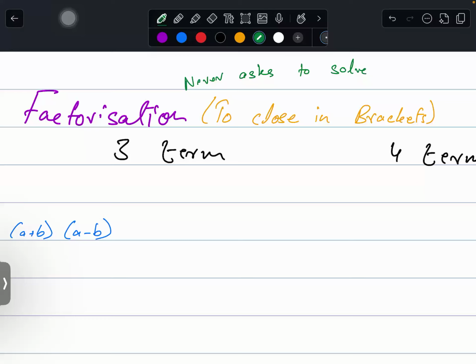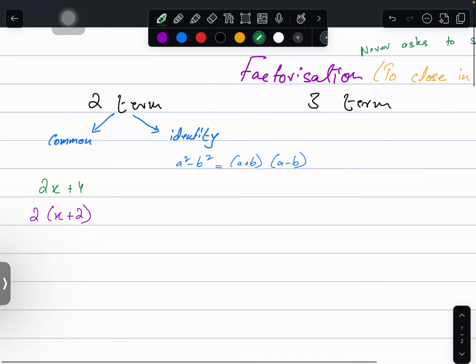Factorization means to close in brackets. You will notice in the questions of factorization that even if you try, it cannot be simplified or solved. It will only be factorized, which means it will only be closed inside the brackets. Now, even if you feel like it's a little difficult right now, don't worry, it's not.